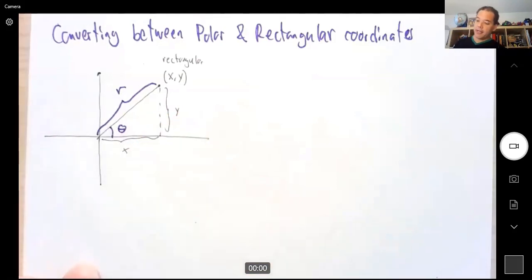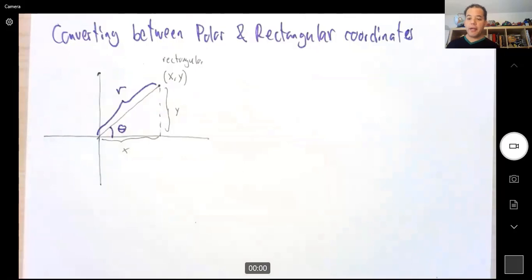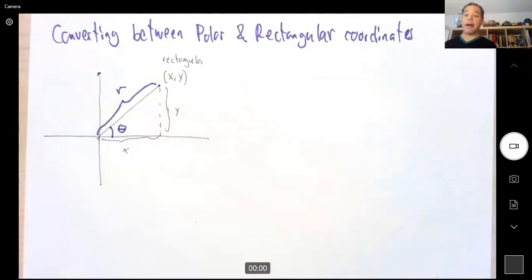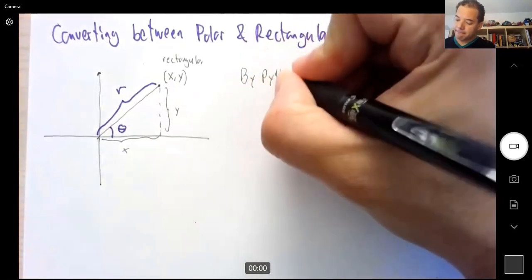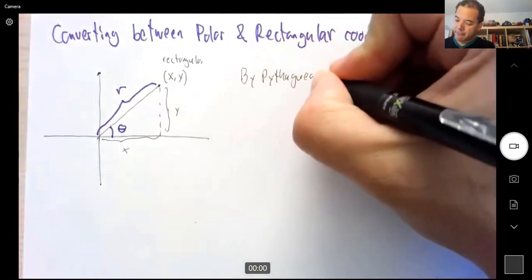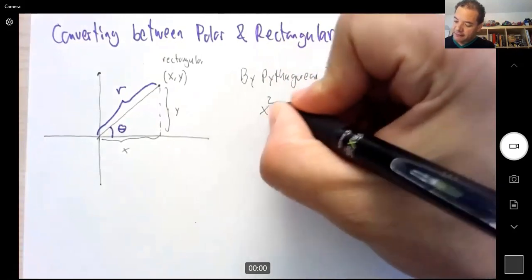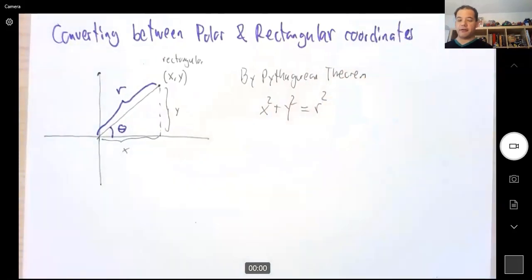And if we consider these two, how can we relate all of these quantities? Well, to begin with, we can relate x, y, and r with the Pythagorean theorem, and what it says is that x squared plus y squared equals r squared.